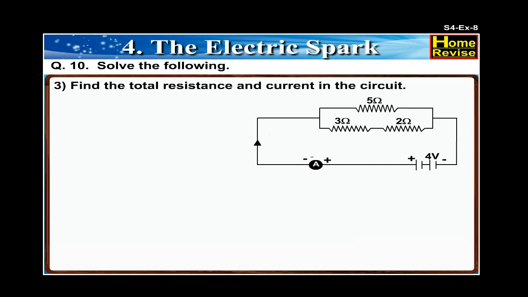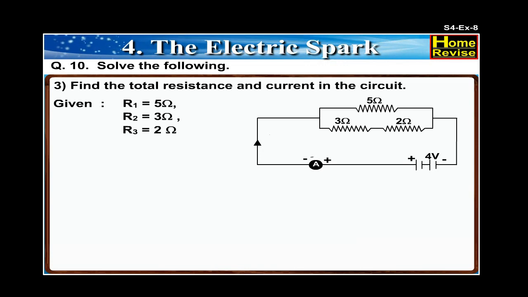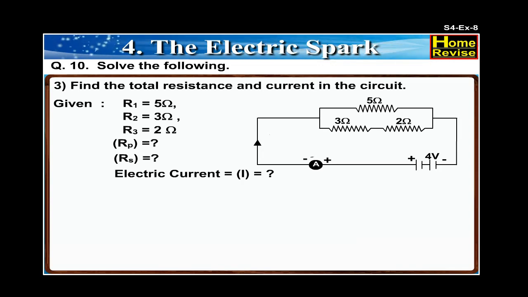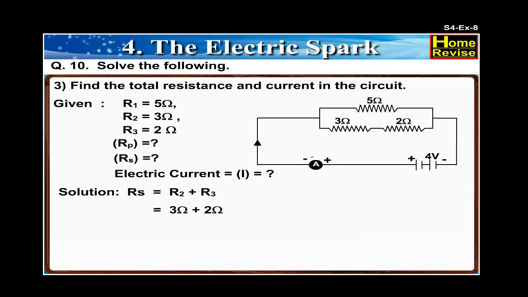Third, find the total resistance and current in the circuit. It is given R1 is equal to 5 ohms, R2 is equal to 3 ohms, R3 is equal to 2 ohms. What is Rp and Rs? What is electric current I? Solution. First, Rs is equal to R2 plus R3, which equals 3 ohms plus 2 ohms.